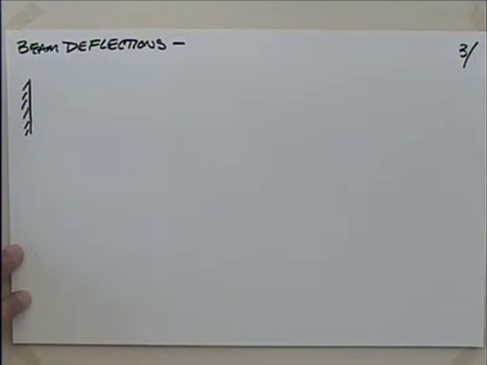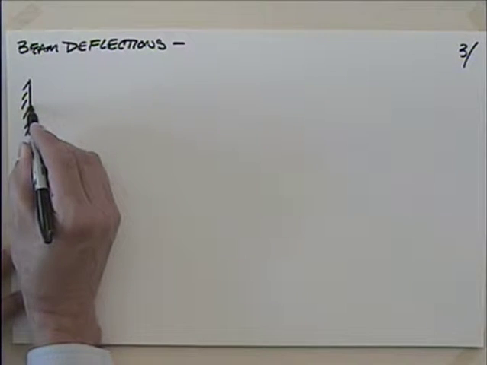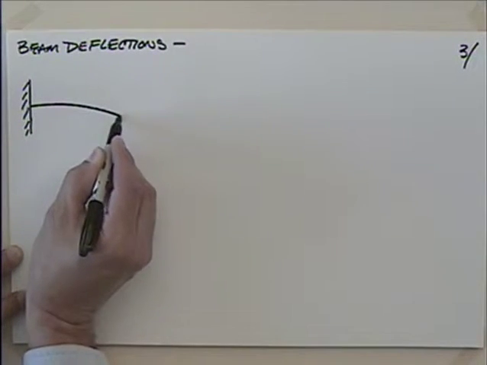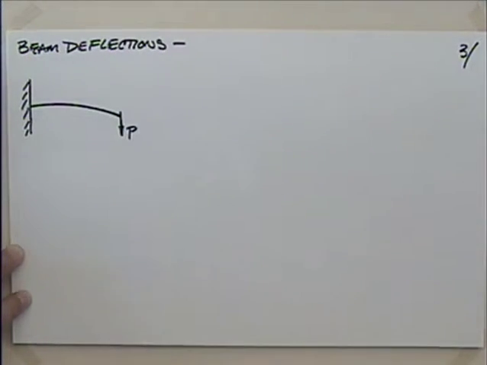You could use a simply supported beam, but I'm going to take a beam that we've applied some load to. I'm going to draw a fairly thin beam to make it a little easier to envision here. We'll apply a load to that.